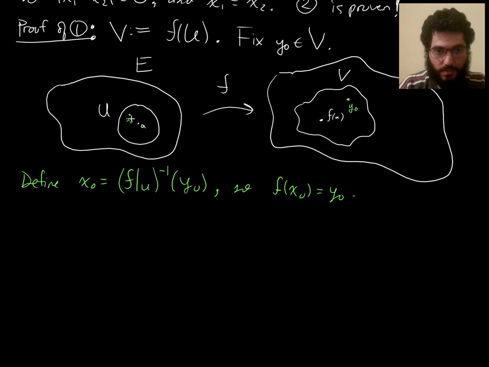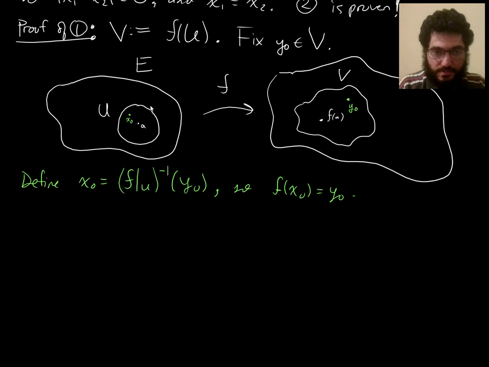Now, x naught is a preimage for y naught. Remember how that family of functions phi gives us a way of talking about when points are preimages of other points? X naught is a preimage of y naught. That's the same as saying that x naught is a fixed point for phi sub y naught. So phi sub y naught is going to be a map... how do I put that into the picture?